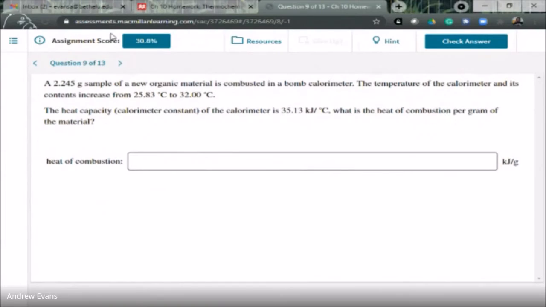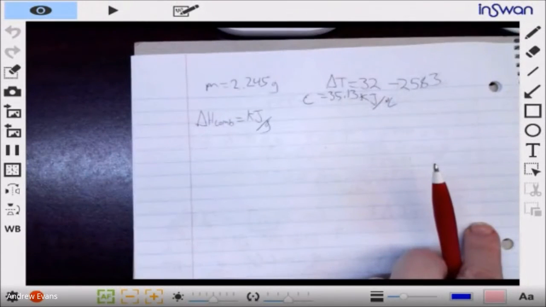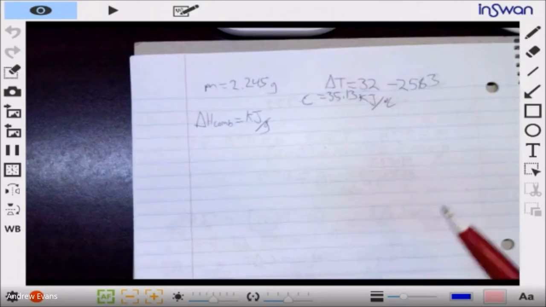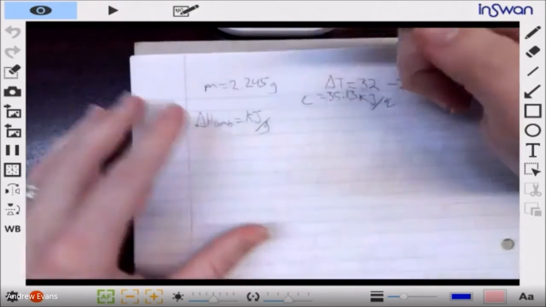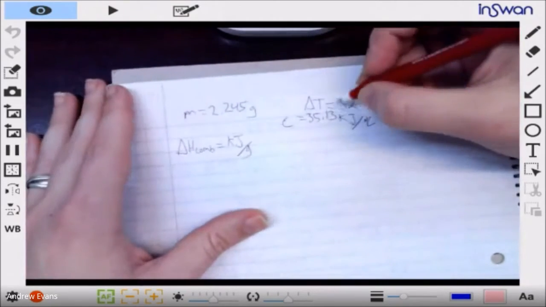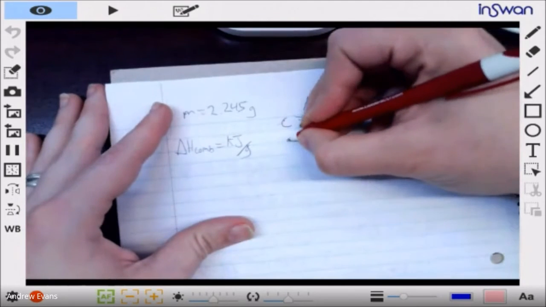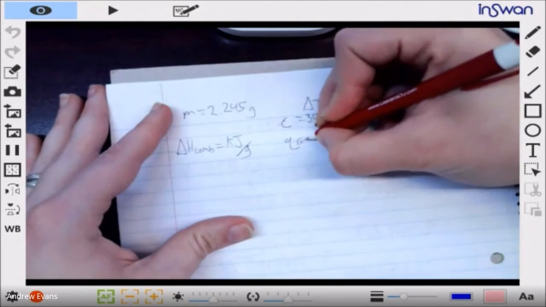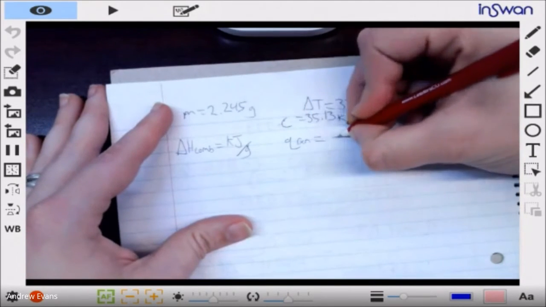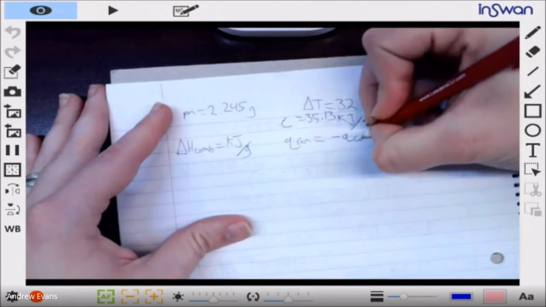Now, I'm actually not going to fully solve this one. I'm going to set it up, and we'll look at this a bit. This one is almost identical to the last one, except in some ways it's actually easier. The same thing, Q of reaction is going to equal negative Q of calorimeter.